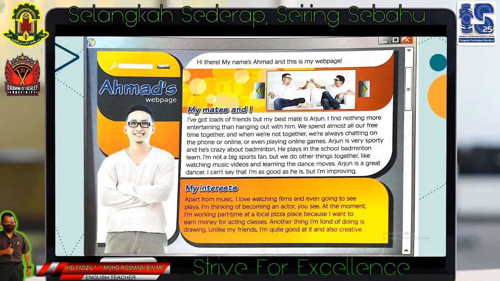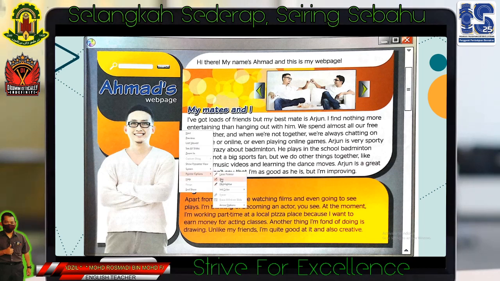Okay, now cuba tengok layout in your textbook. Just like my screen here. Sama tak dengan buku teks you all? Sama, right? And what it is? Ini dipanggil apa ni?